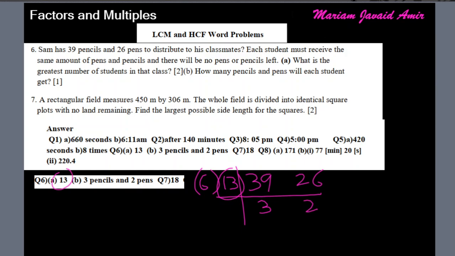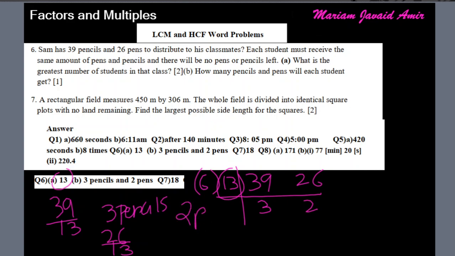So we have a maximum of 13 students in the class. How many pencils and pens will each receive? So there are 39 pencils and 13 students. So we get 3 pencils each, and there are 26 pens to be divided between 13 students. So each gets 2 pens.